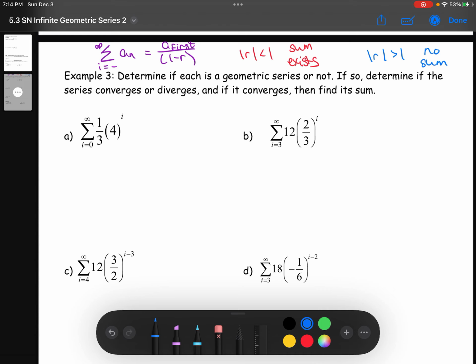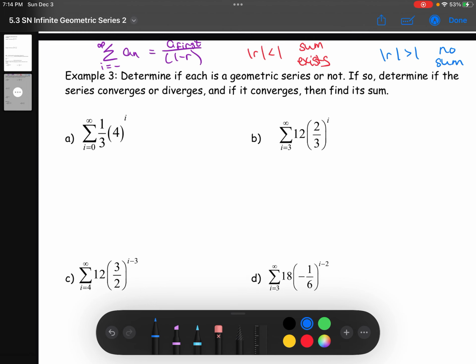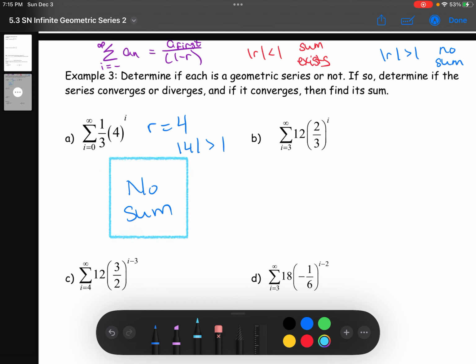So let's put that into practice and let's look at A. In A, we find our r value first. That value of r is 4. That absolute value is greater than 1. So there is no sum here. Don't try to calculate anything.